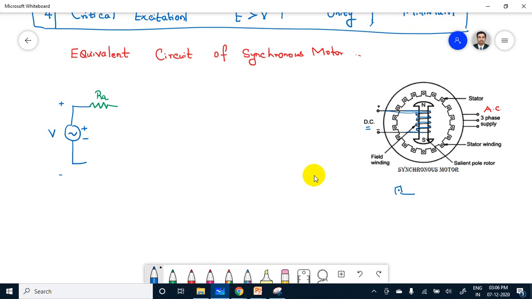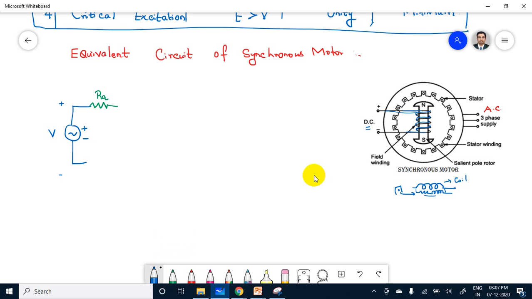This slot is nothing but the winding, a coil. This coil has a resistance and a reactance. So the resistance connected in the armature, that is the stator side, we call armature resistance.